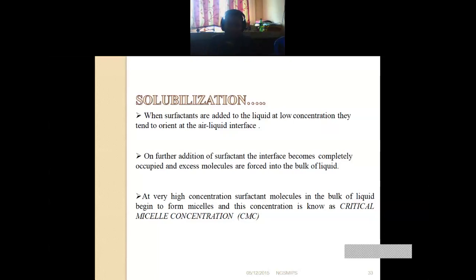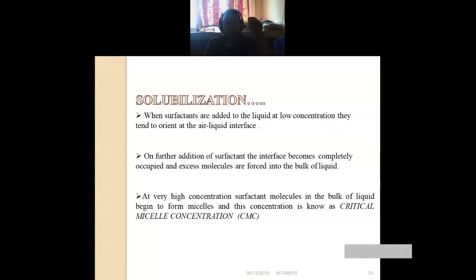On further addition of surfactant, the interface becomes completely occupied and excess molecules are forced into the bulk of the liquid. At a high concentration, surfactant molecules in the bulk of the liquid begin to form micelles, and this concentration is known as the critical micellar concentration.